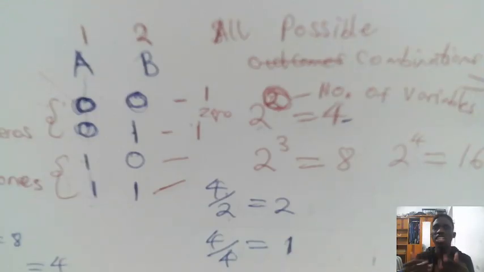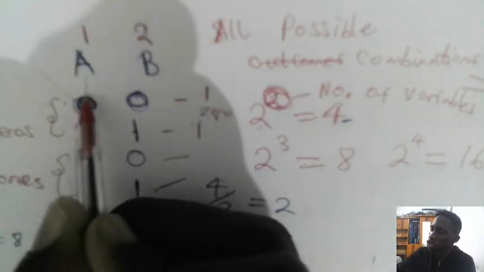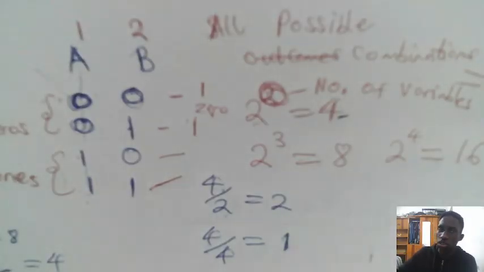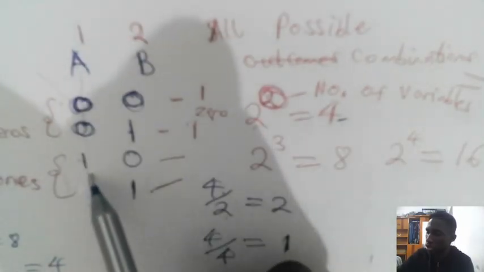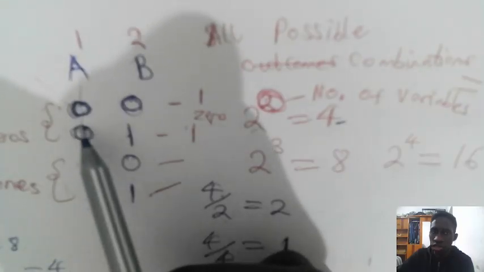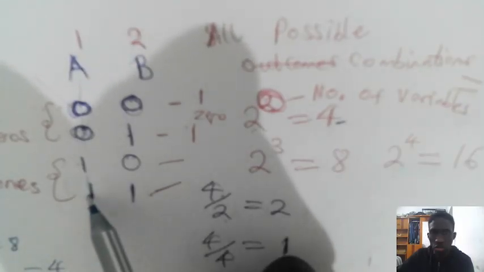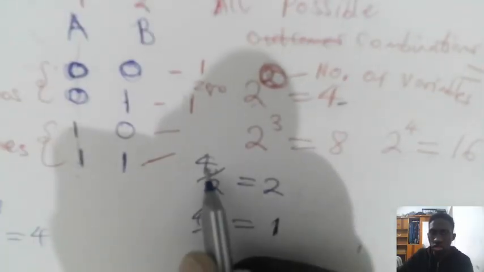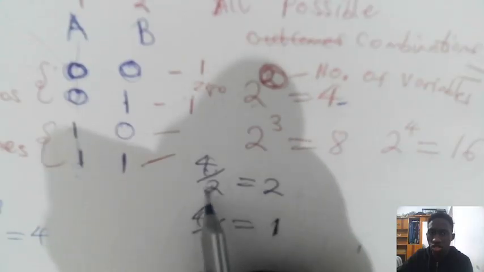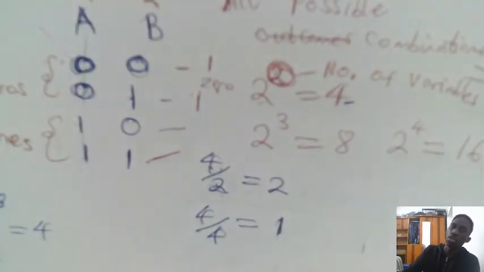Now, how do we get these combinations? We know the number, yes, but how do we get the combinations themselves? You look at your first variable column. You need 4 possible outcomes, so you divide the number of possible outcomes by 2, as in go halfway, and that's 2.